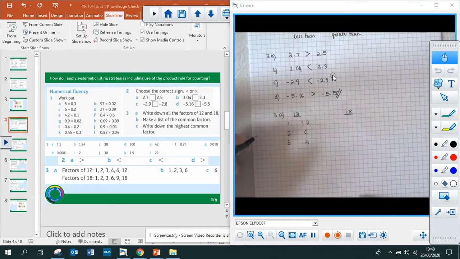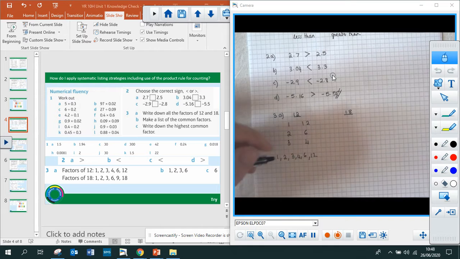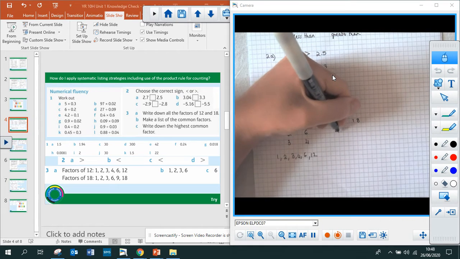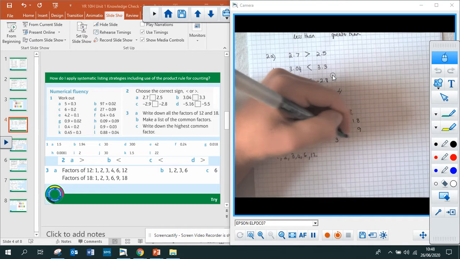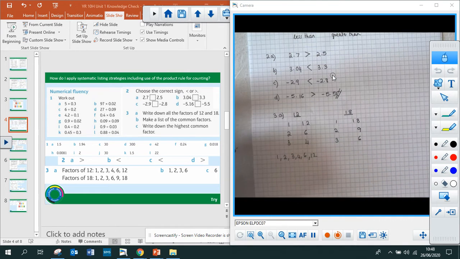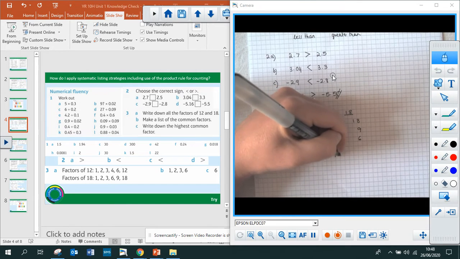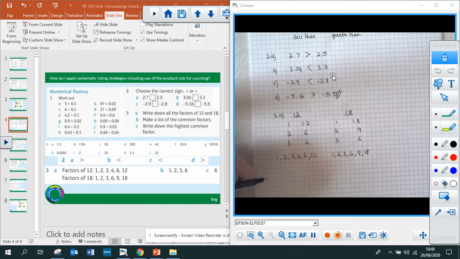So if you write them in a list in order, you'd have 1, 2, 3, 4, 6, and 12. And then for 18, you'd have 1 and 18, 2 and 9, 3 and 6, and then you're at the end there. So now you write them out in order: 1, 2, 3, 6, 9, and 18.